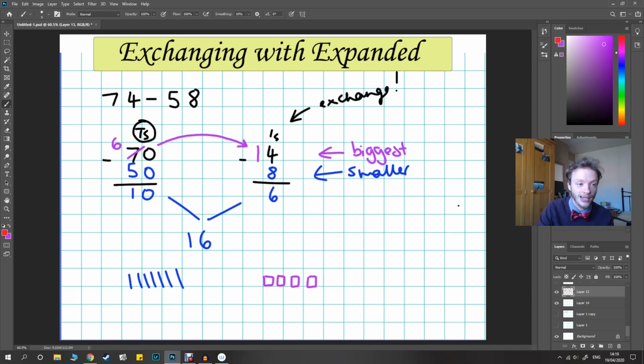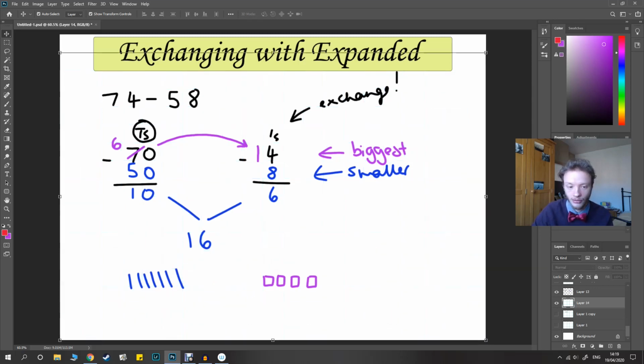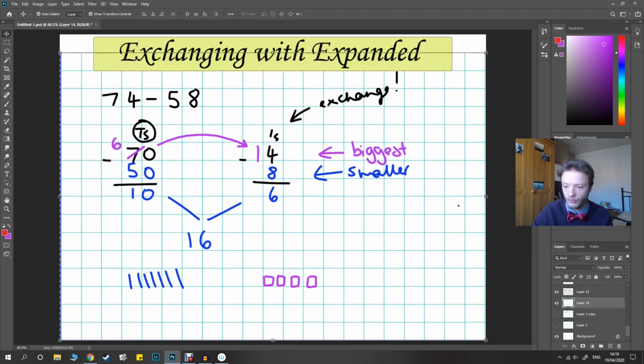And all I'm doing in that case is moving a 10 over from the 10s to the 1s to make sure I can do it.